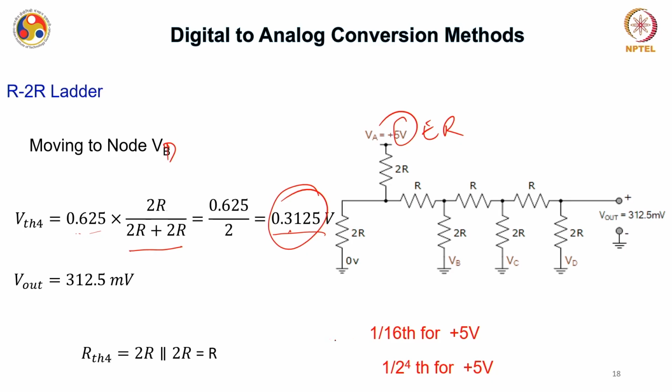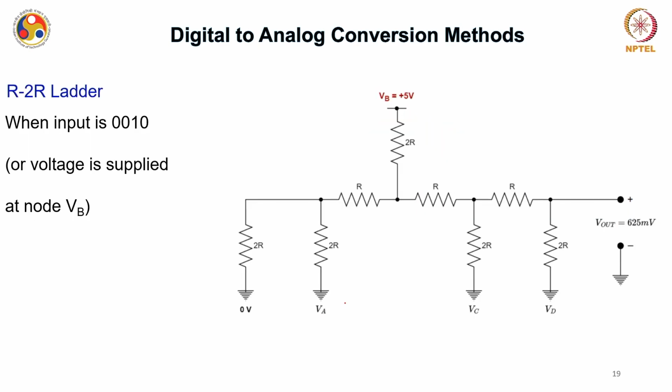Or you can say 1 by 2 to the power 4, where 4 is the number of bits that I am using, into ER. Now, this is about when I have input as 0, 0, 0, 1.